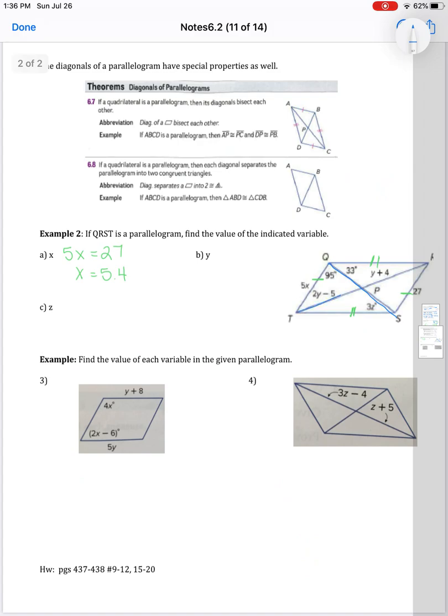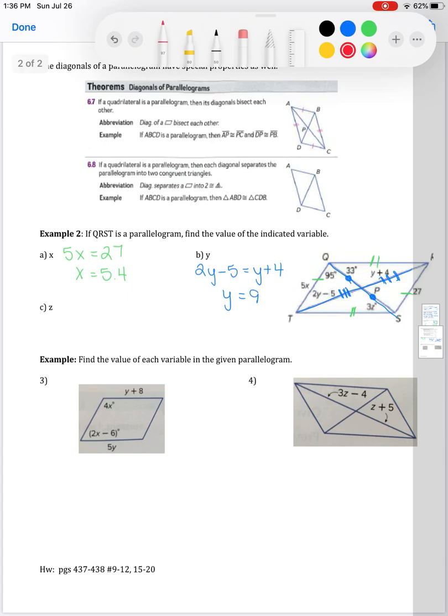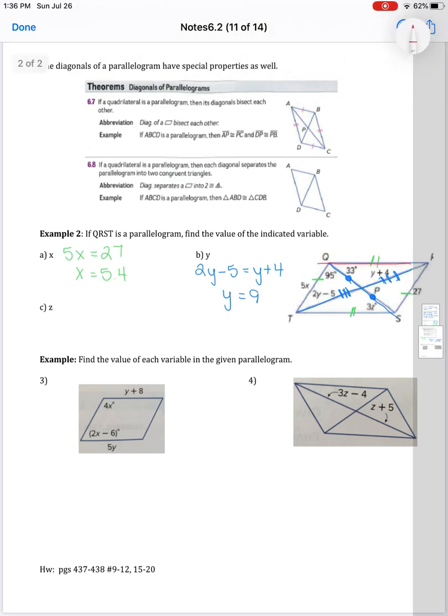So it says QRST is a parallelogram. Find the value of each variable. First things first, we know opposite sides are congruent. So according to that, I see that 5x is equal to 27, which means x is equal to 5.4. So there's one variable. The other bit of information, I know the diagonals bisect each other.